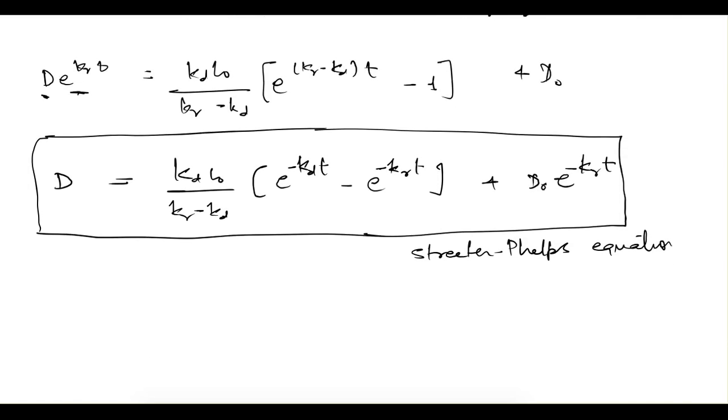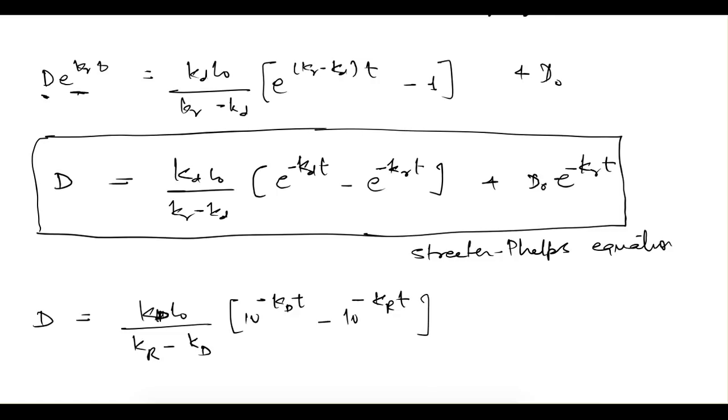This can be converted into base 10 also, that is D is equal to capital KD L naught, capital D for base 10, similarly capital R, divided by KR minus KD, times 10 to the power minus KD into t minus 10 to the power minus KR into t, plus D naught 10 to the power minus KR into t.